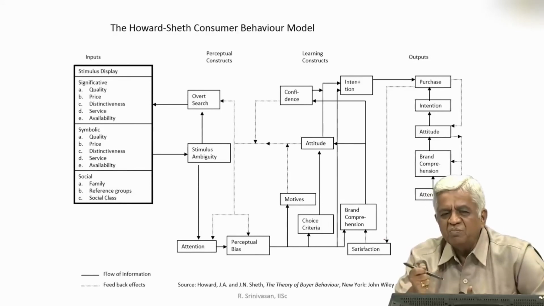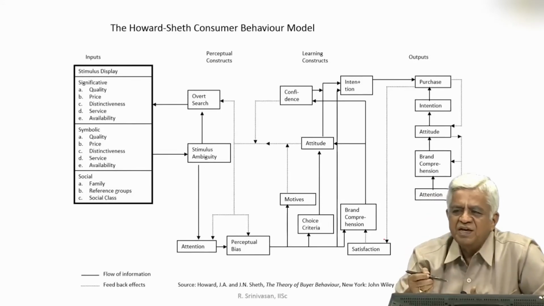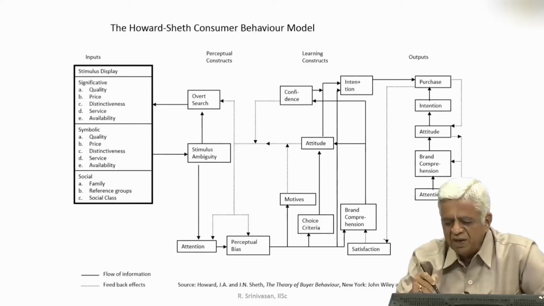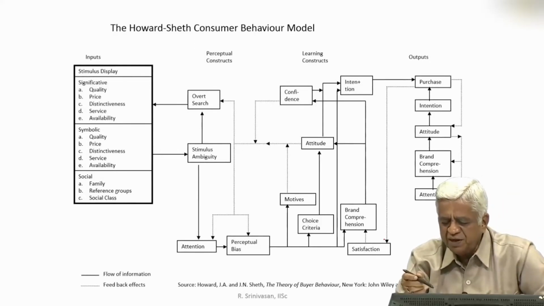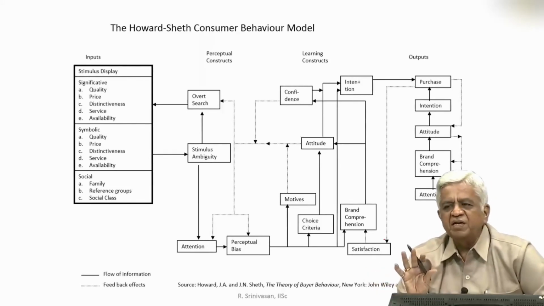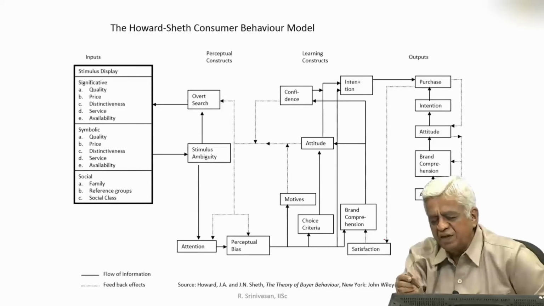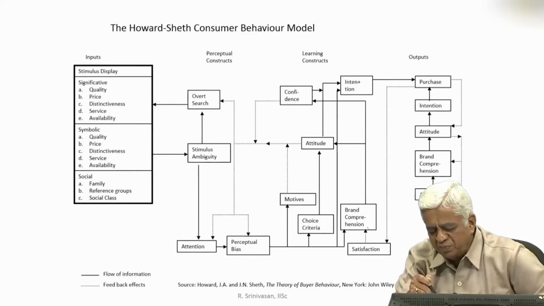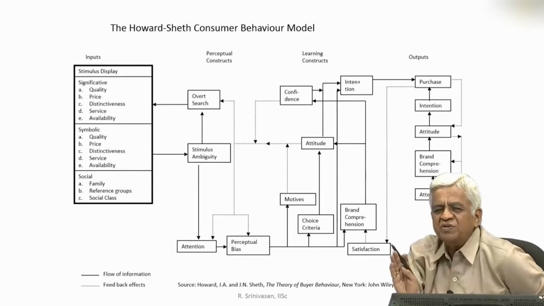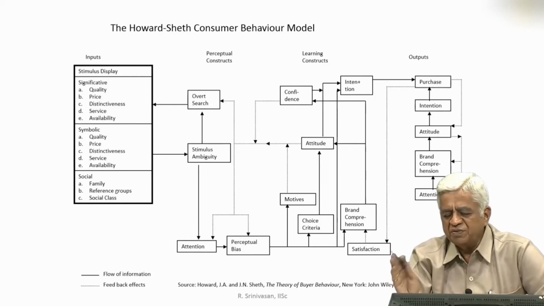So the brand comprehension is what comes in next with respect to the individual. And now he decides on a particular brand of the product. When he comes to this stage of brand comprehension, he would have almost come to the stage of making a purchase of the product.